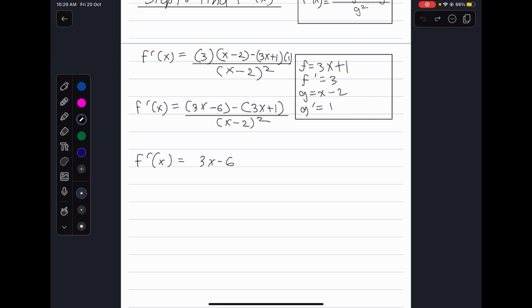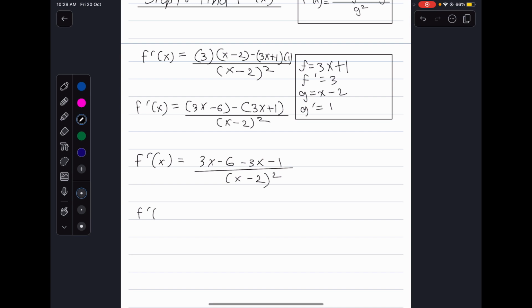We don't have a symbol in front of 3x, but that by default means it's positive, and positive plus negative, minus 3x, and then negative times positive is negative 1, all over (x minus 2) squared, the same denominator.